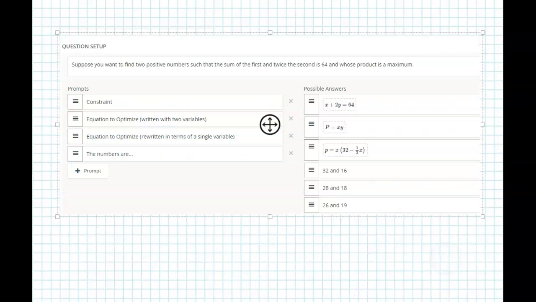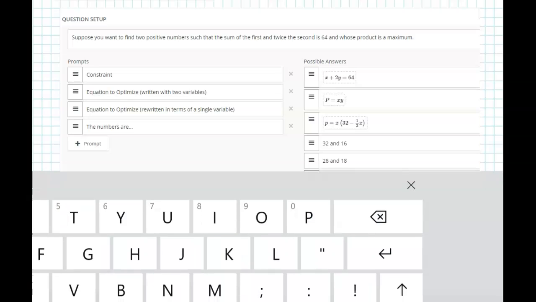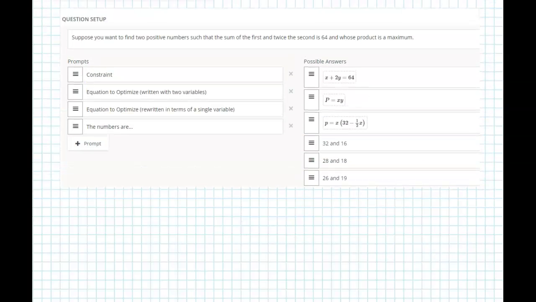For the next one, before we even deal with all the prompts and the answers, let's just look at what our question was. We want two positive numbers such that the sum of the first and twice the second is 64 and the product is a maximum. So our constraint is like the numbers we have. So we have two positive numbers, sum of first plus twice the second.